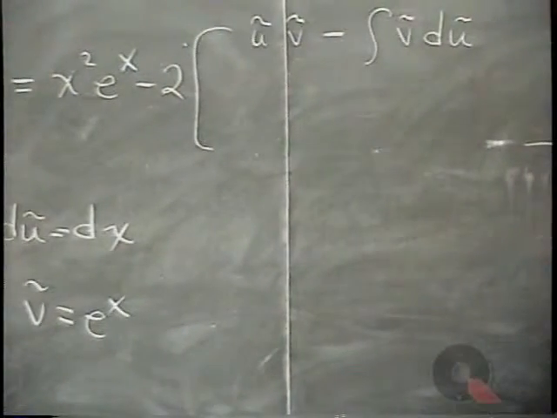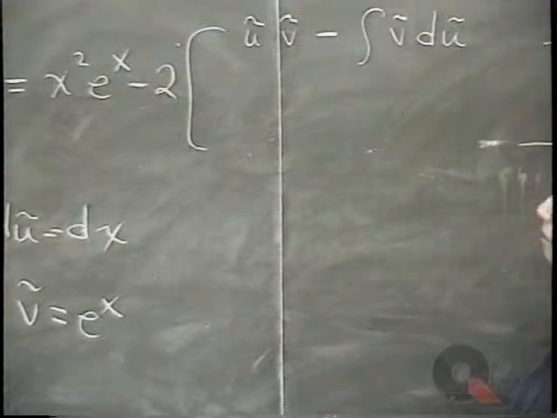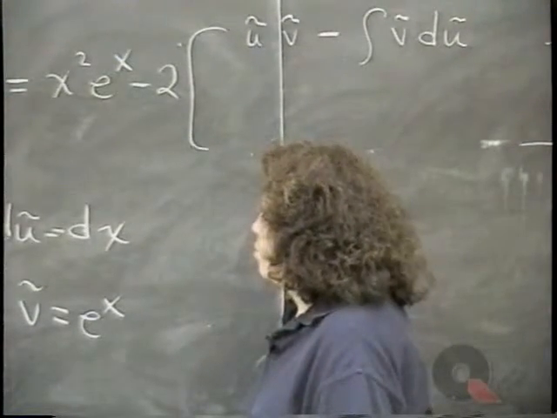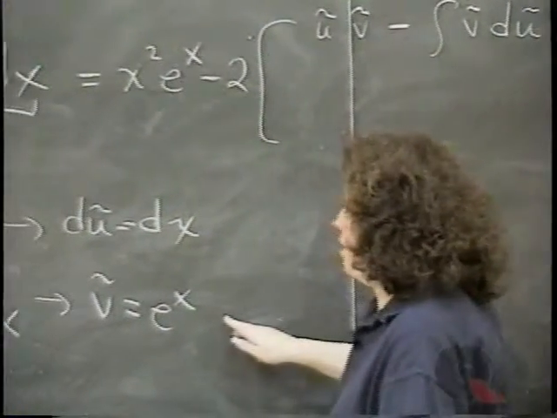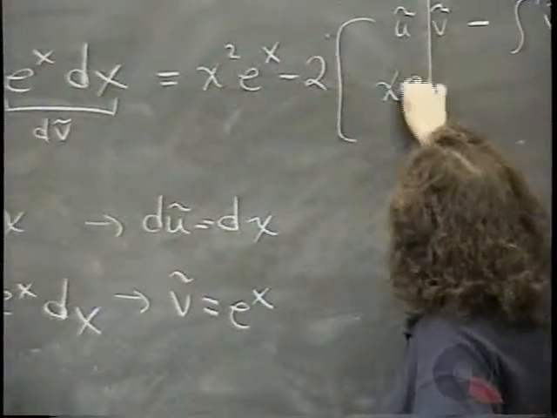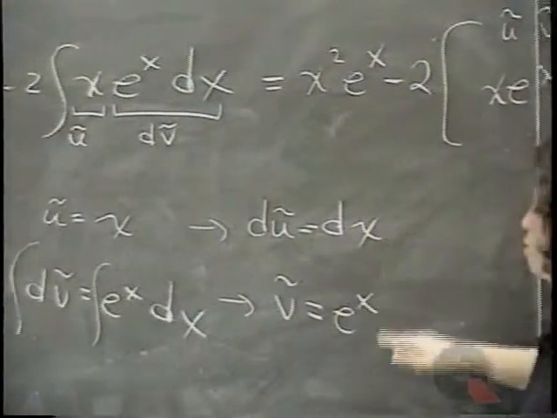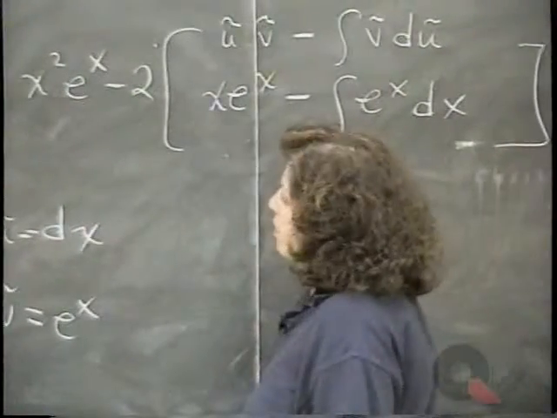The new u, new v, minus the integral of the new v, new du. So the new u, new v is x e to the x minus the integral of the new v du. The new v du is just e to the x dx to be integrated.